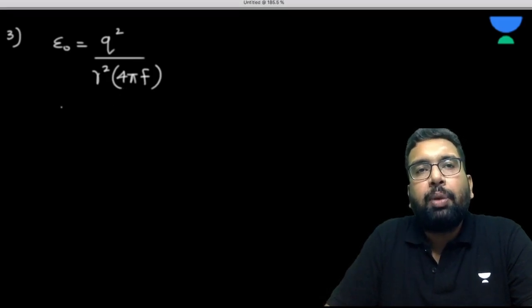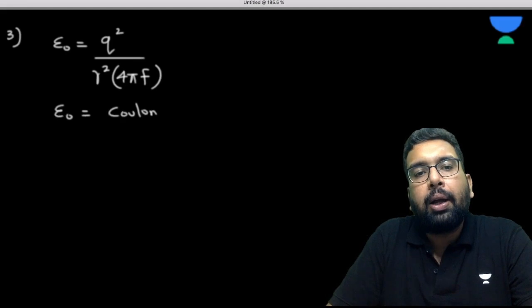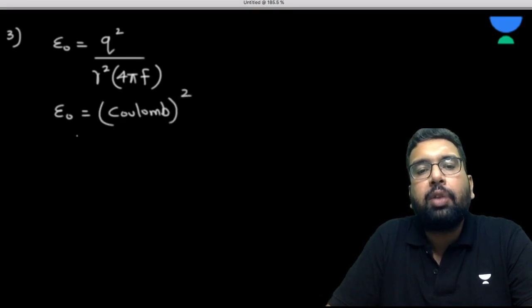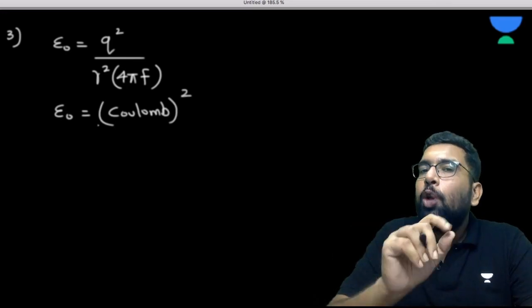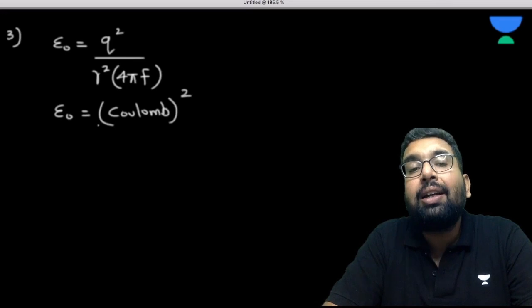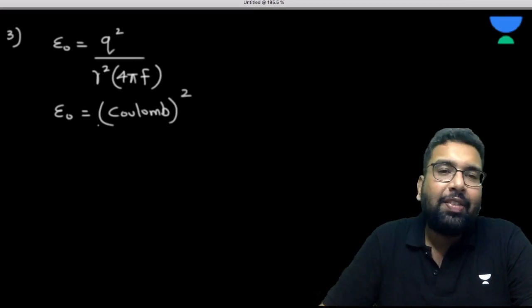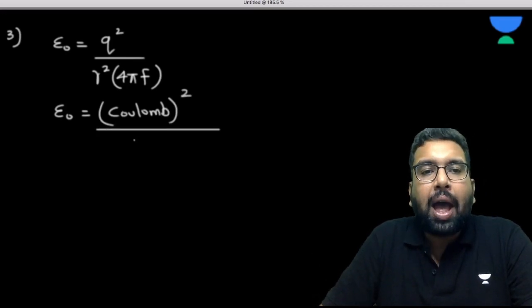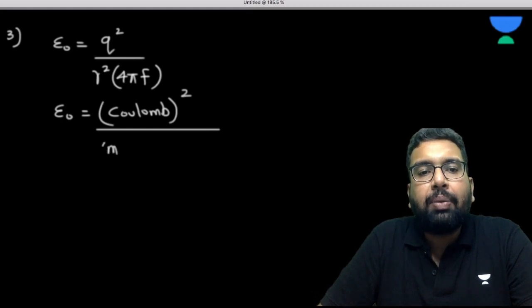So from here we can write the unit. What is the unit of Q? The unit of Q is coulomb. Is coulomb a fundamental unit? No, sir, it is not a fundamental unit, it is a derived unit. Now in R square, R represents some sort of length, so this is meter square. What is the unit of 4 pi?